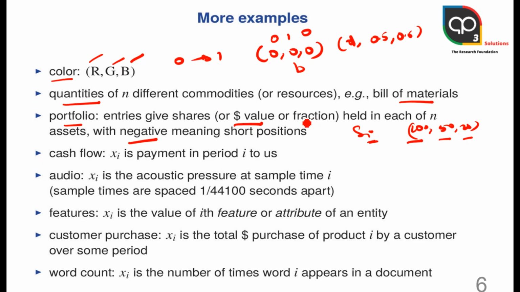Coming to cash flow, a cash flow into and out of an entity can be represented by a vector, with positive entries representing payments to the entity and negative entries representing payments by the entity.